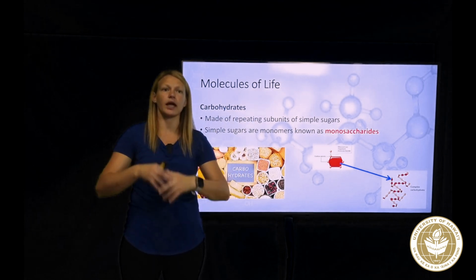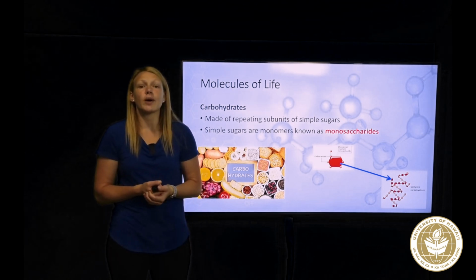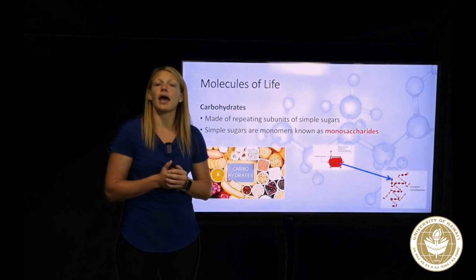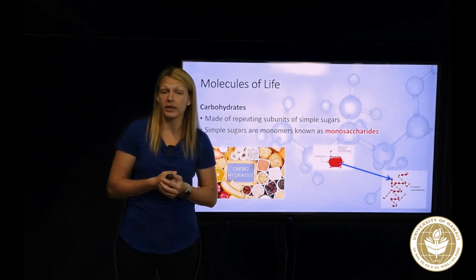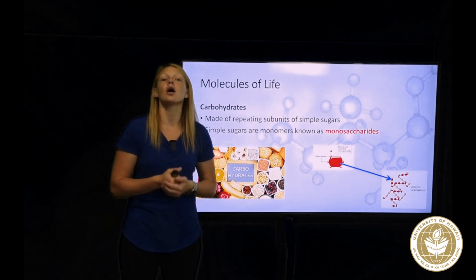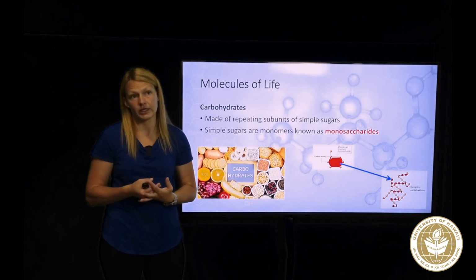Put that together and it's going to form a disaccharide. You can also have a polysaccharide that has many different sugars together. One good example of a polysaccharide would be glycogen, right? That's how we store most of our sugars, in the form of glycogen.